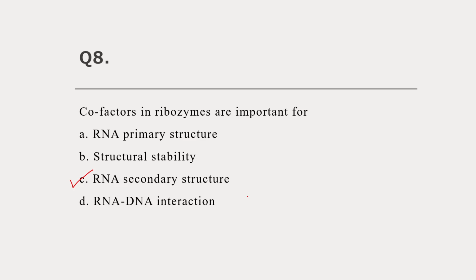Cofactors means non-protein compounds, which can be any compound other than metal ions also. But metal ions can act as a cofactor. Understood? So a metal ion can act as a cofactor and stabilize the ribozyme. But for RNA secondary structure formation, cofactors are required.